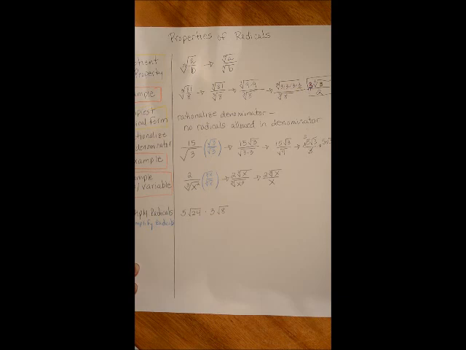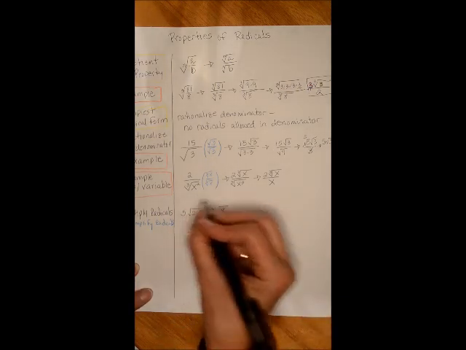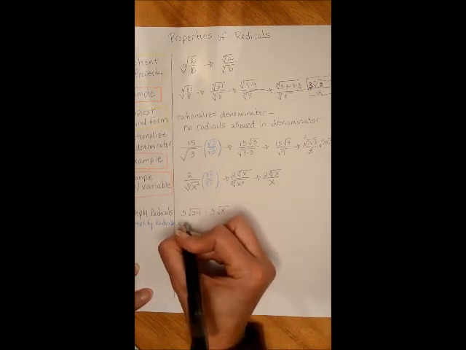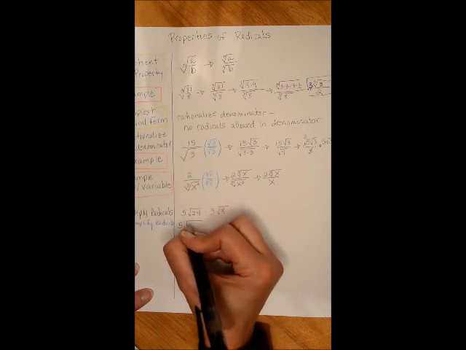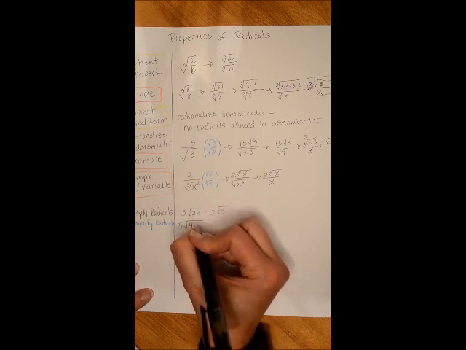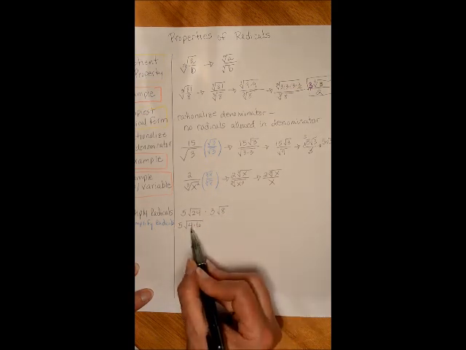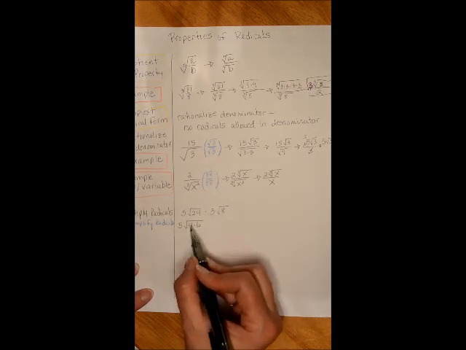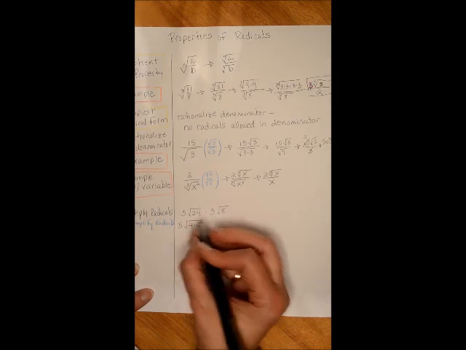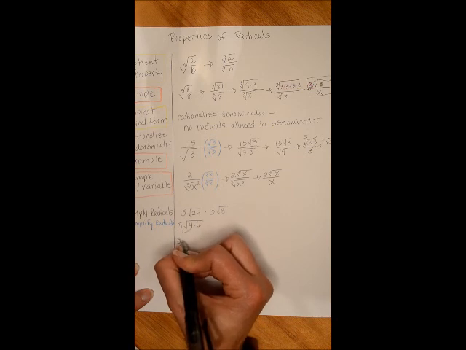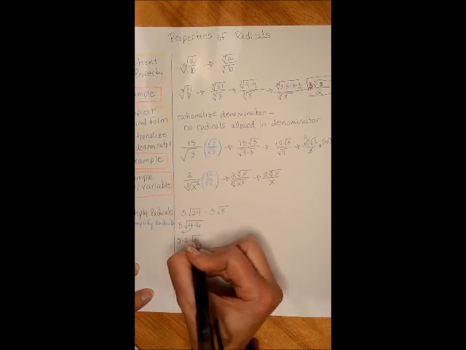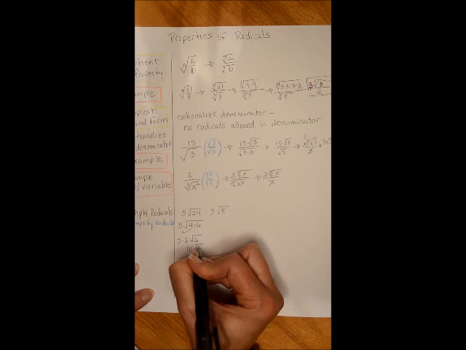I know I can simplify this one, 5 square root of 4 times 6. 4 is a perfect square. I'm looking for a square root, right? So I can pull out from this a 2. That's going to give me 5 times 2 square root 6, or 10 square root 6.